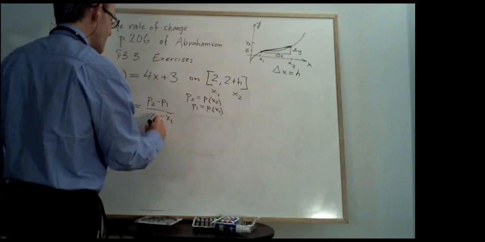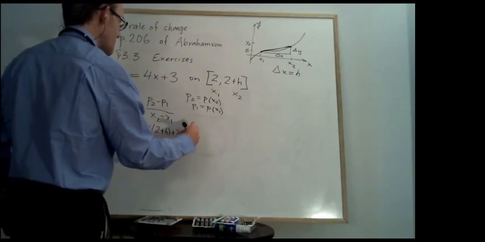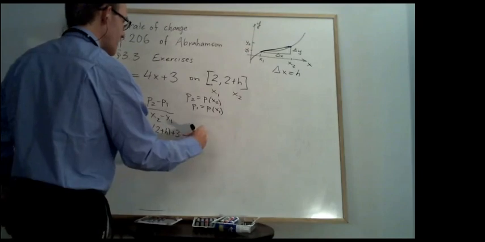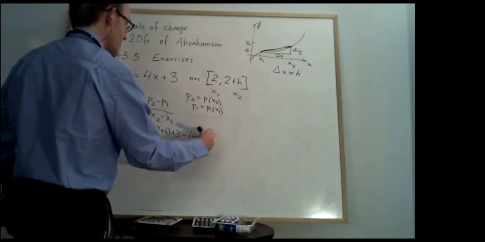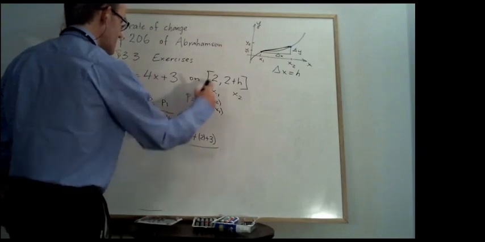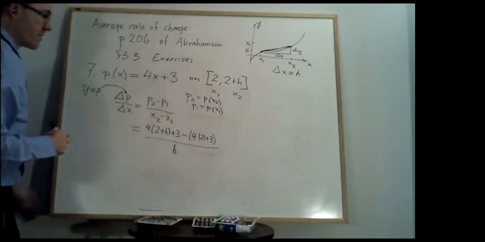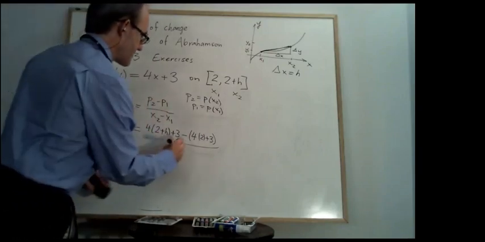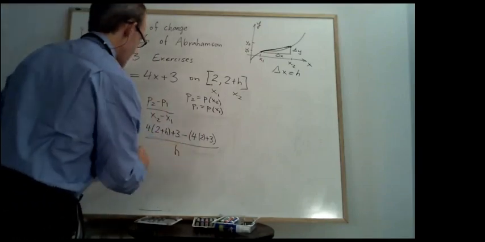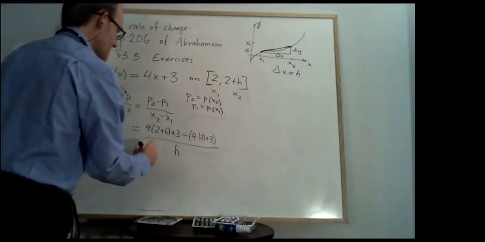Okay, now substitute it in and you get 4 into 2 plus h plus 3 minus 4 times 2 plus 3 over x1 minus x2, which is h. Now we evaluate this.